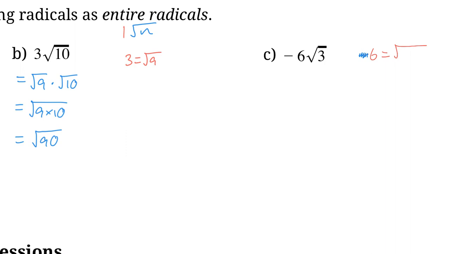We do know that the square root of 36 is equal to 6, so we can actually rewrite this with the negative on the outside, and then the square root of 36 is multiplied by the square root of 3. So let's rewrite that all under one radical sign, 36 times 3, and that's just going to be the negative root of 108.